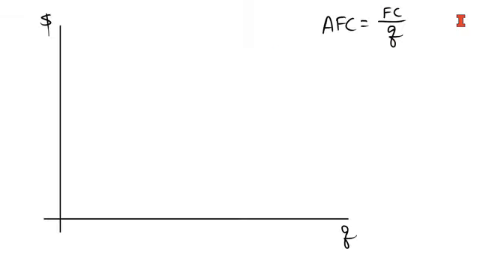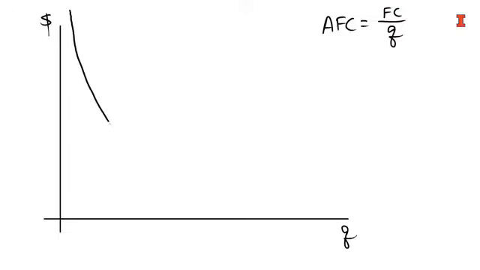So on this slide, we want to understand what that picture looks like. Well, immediately you can see that since the numerator is fixed, as I step along this axis to the right, increasing output, this denominator is going to grow, and this numerator is constant, which means this has to be a falling curve.